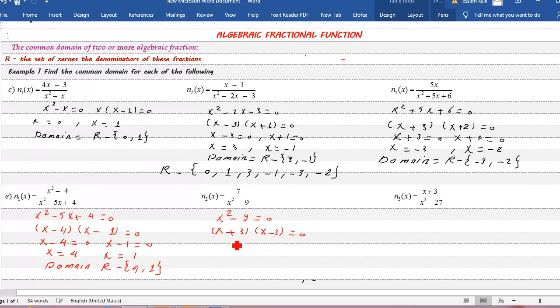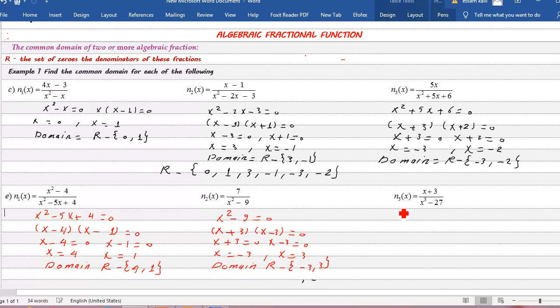If the product of two brackets equal 0, then x plus 3 equal 0 and x minus 3 equal 0. Then x equals negative 3, and x equals 3. Then the domain equals r difference negative 3 and 3.